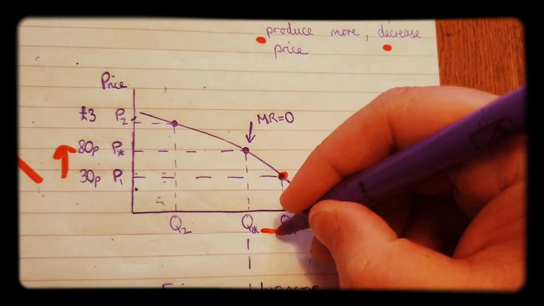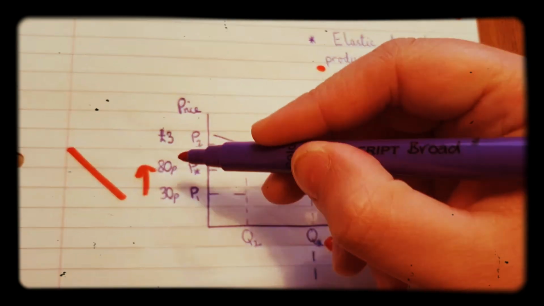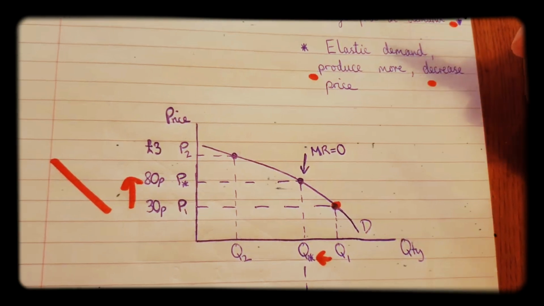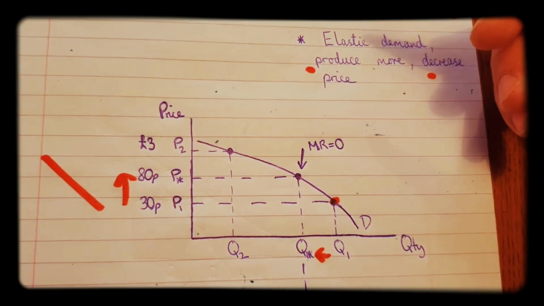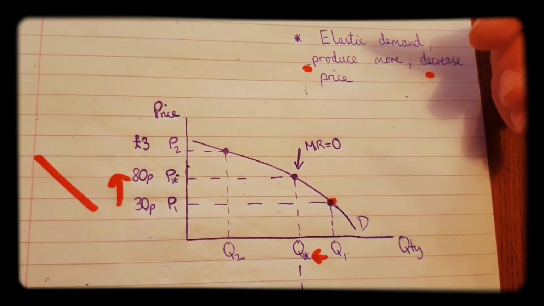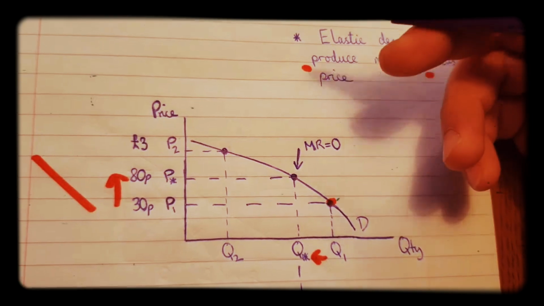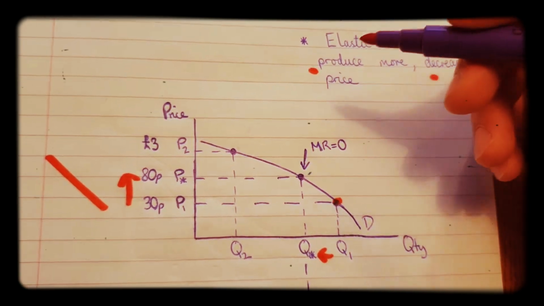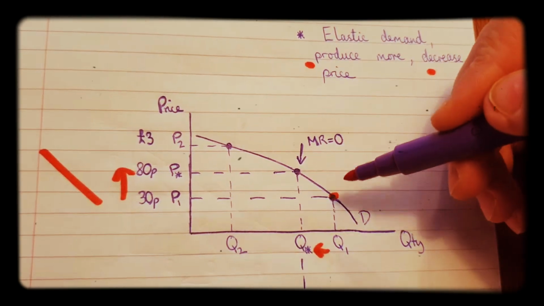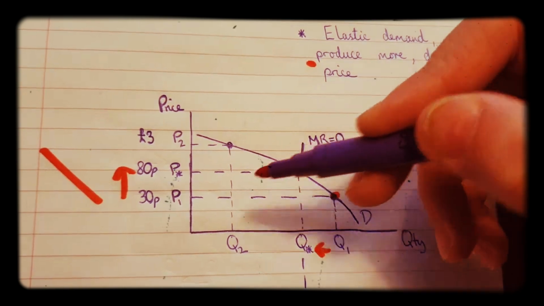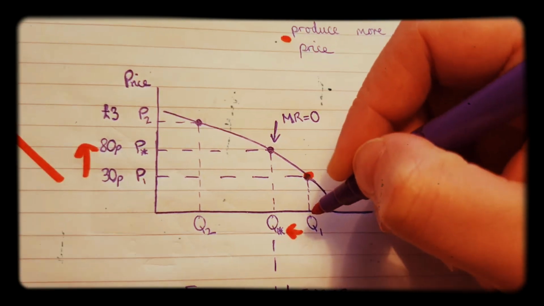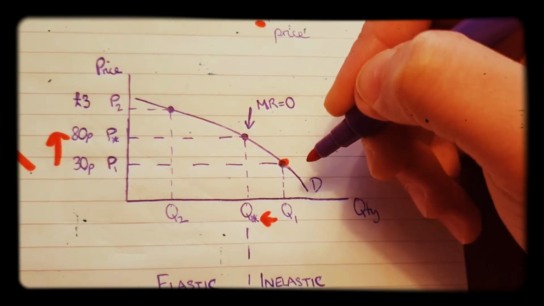Well, it's only going to fall by a little bit, because 80p is still cheap. Okay, there's only so many cheeseburgers you can eat. Just because the price is 30p, it doesn't mean you're going to eat 10. Okay, so that's the point here. Even though the price is very cheap, if you increase the price quite a lot, the demand is only going to be affected a little bit.